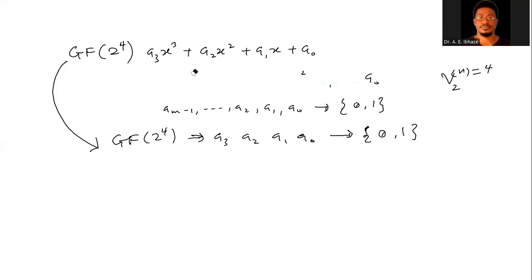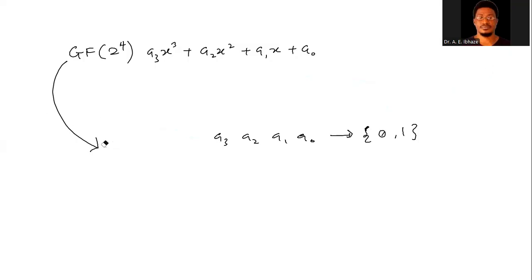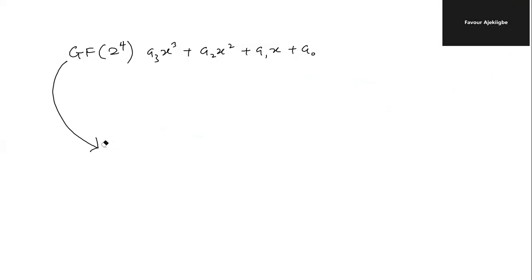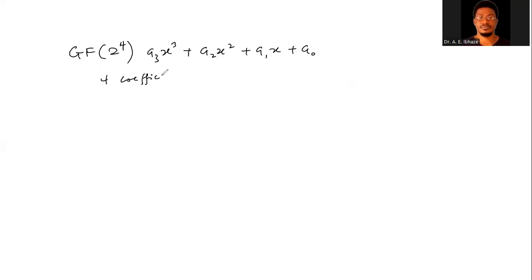We just placed this for illustration, so we don't need this anymore. Now we have our 4 coefficients, which are a_3, a_2, a_1, a_0.